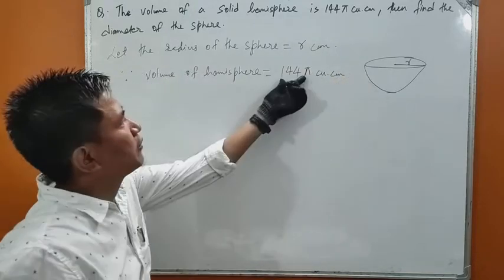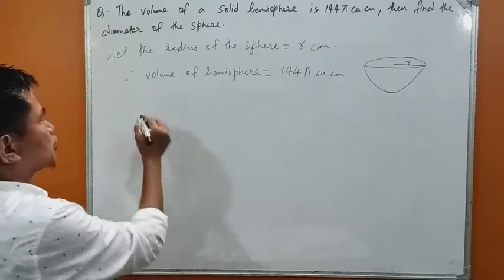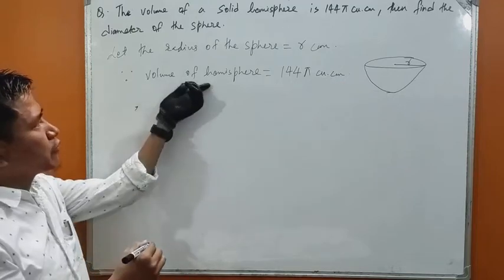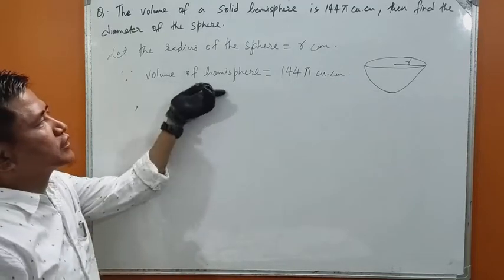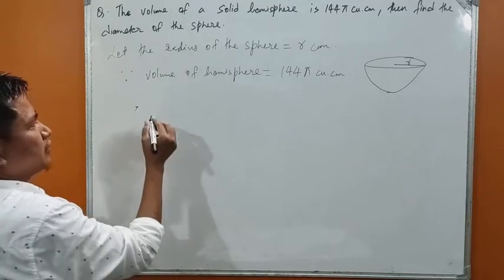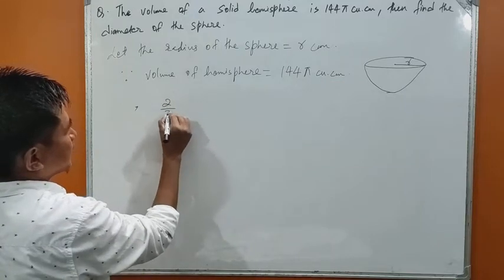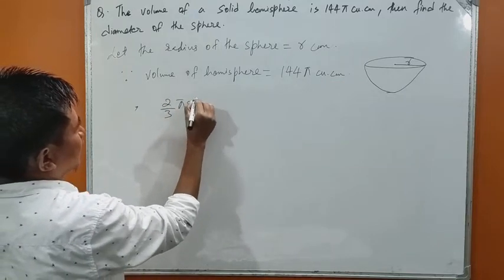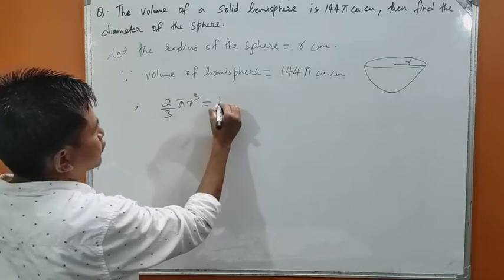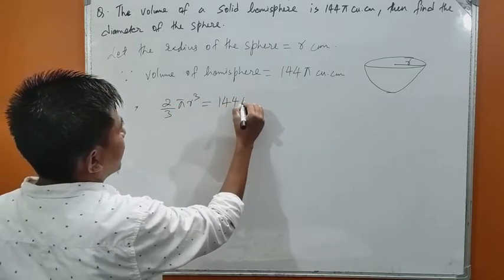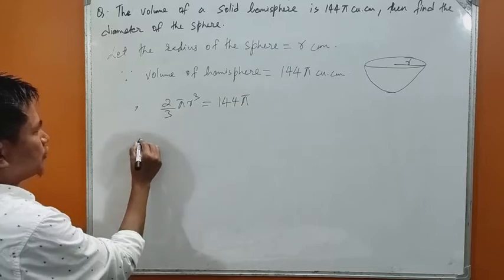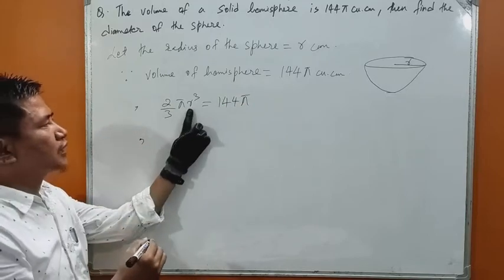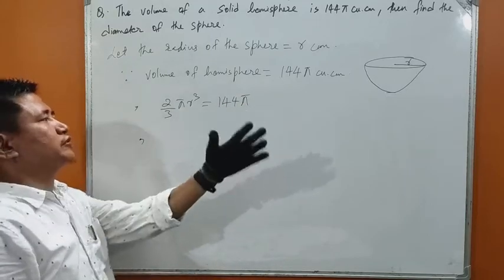So now we will write the formula of the volume of the hemisphere: 2 by 3 pi r cube equals 144 pi. Now let us keep r cube on the left hand side and take everything to the right hand side.